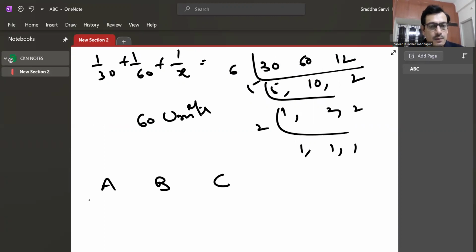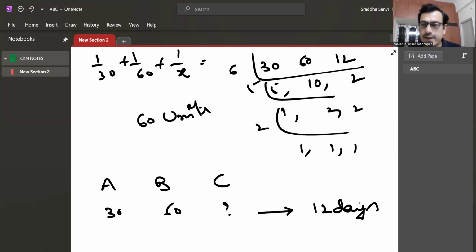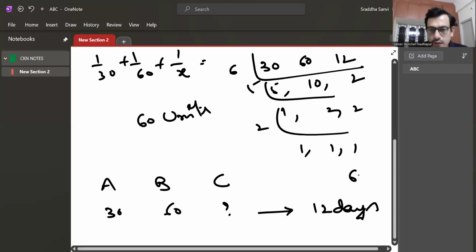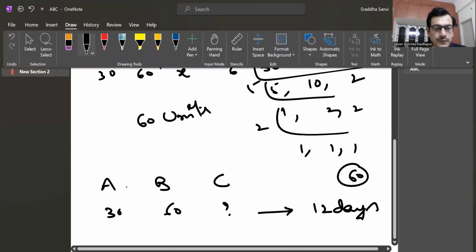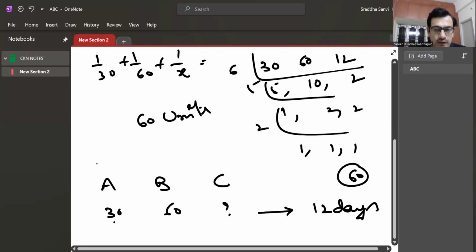We have A, B, C: 30 days, 60 days, and we don't know how many days for C. All three put together can complete the work in 12 days, right? So when I'm taking the total work as 60 units, in 30 days this man A is able to complete 60 units, so per day 2 units.